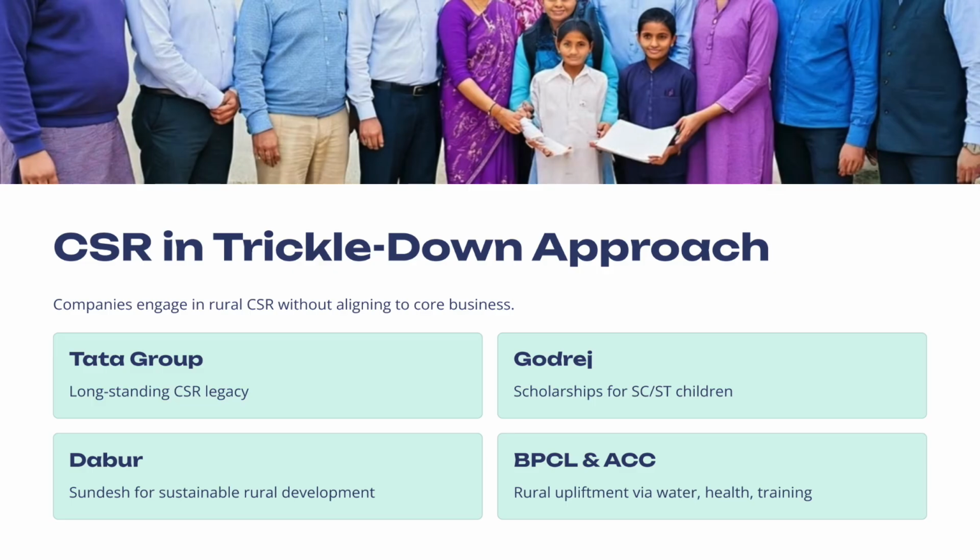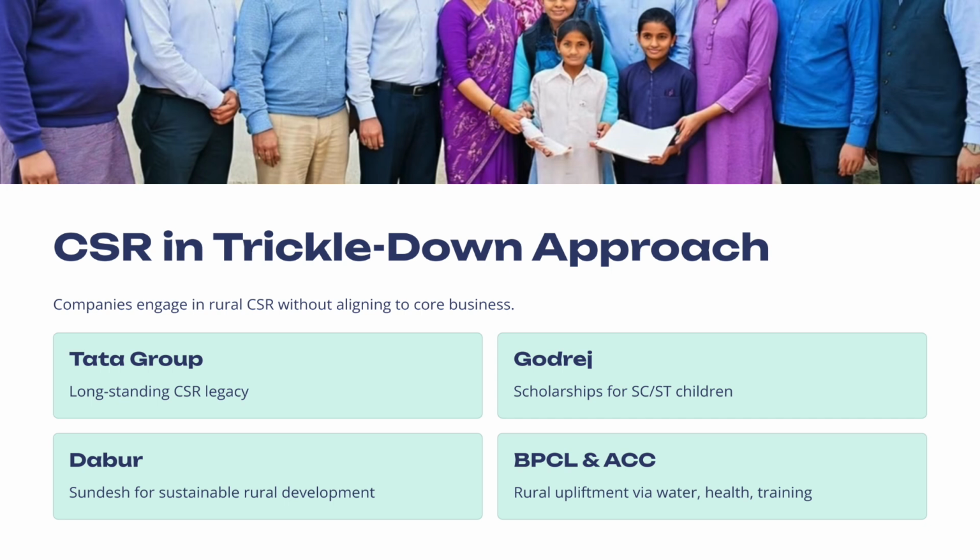India as a country has a rich history of corporate social responsibility. One of the most respected examples is the Tata Group, which has long embedded CSR into its business philosophy, not as a tool for publicity, but as a commitment to real societal values. Let us consider a few prominent examples of CSR.